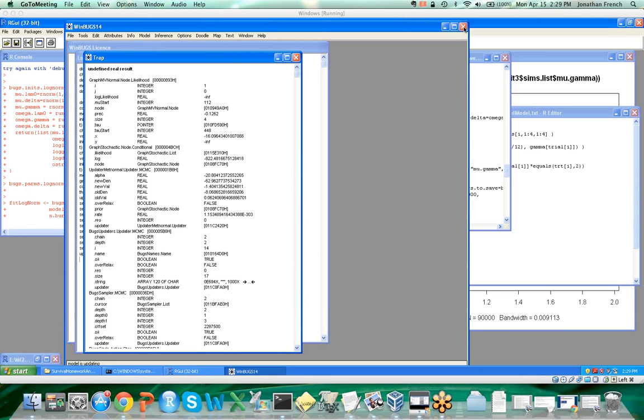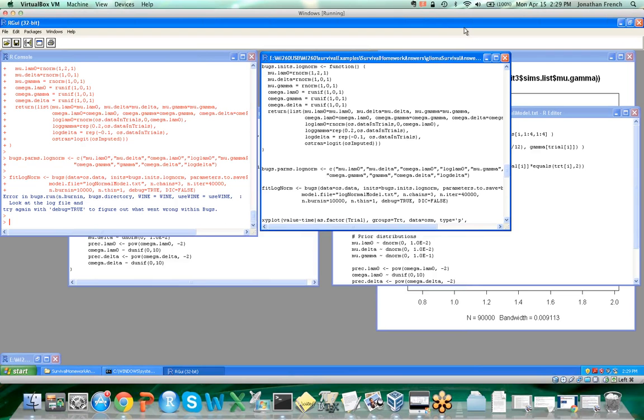Because in classical model fitting, the more parameters you throw into a model, the better fit you're going to get, even if the parameters aren't particularly useful in making inference. So DIC is a Bayesian cousin of AIC. You can get DIC out of WinBUGS, or you can calculate it yourself using output from it. Do you need to have nested models for DIC?